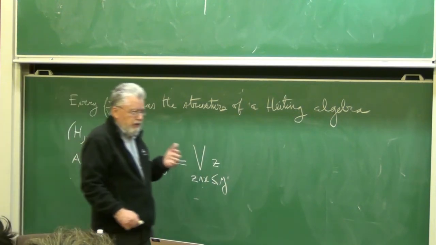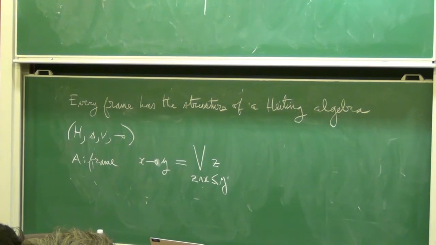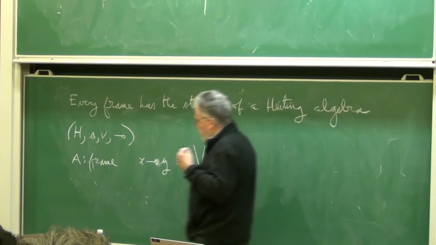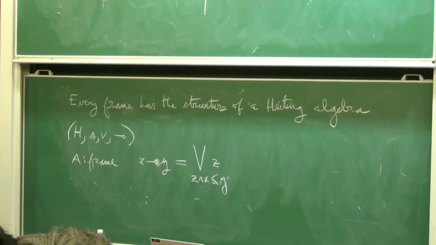And Heyting algebra, of course, was invented by Heyting as a formalization of propositional intuitionistic logic. So you have a model of propositional intuitionistic logic from any frame.